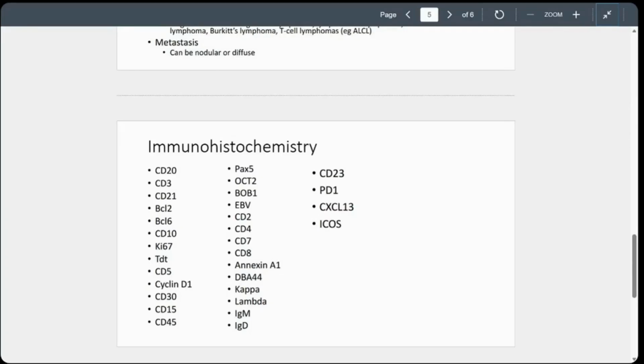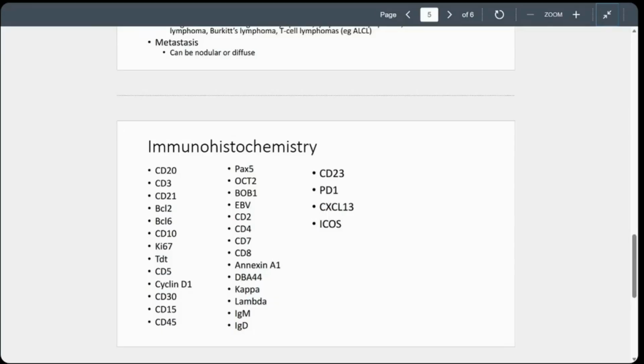In terms of the T cell marker, obviously CD3 is the best. The problem with the T cell markers is that the T cell lymphomas are usually variably positive for one or other of the T cell antigens. So to be certain that you've excluded a T cell lineage, you've really got to do all of the T cell antigens.